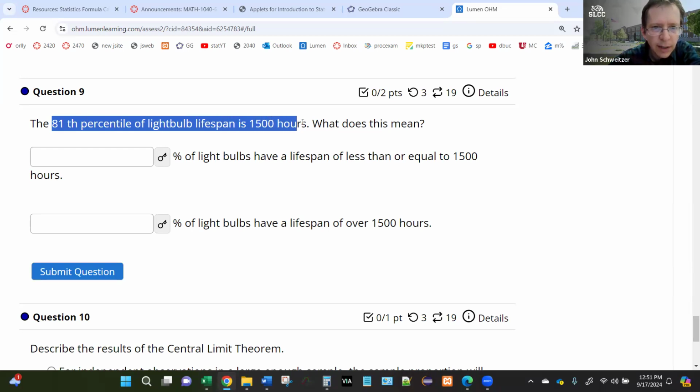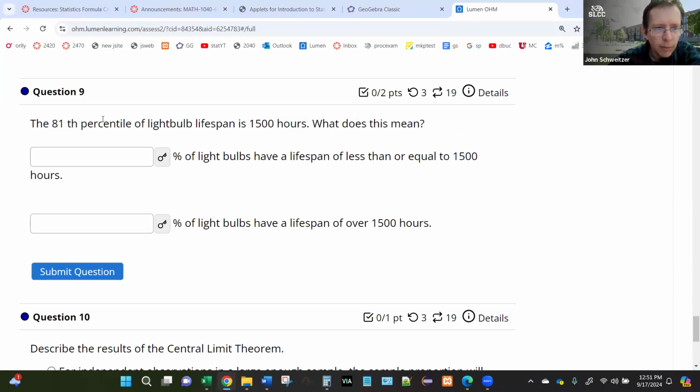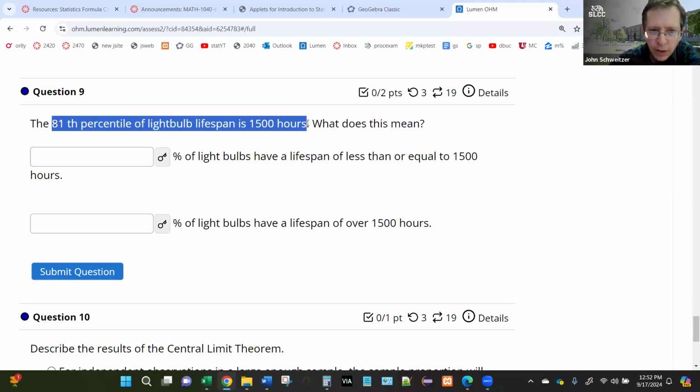lifespans is 1,500 hours. What does that mean? Any ideas out here? So the 81st percentile is the value in the distribution such that 81% is less than that value.